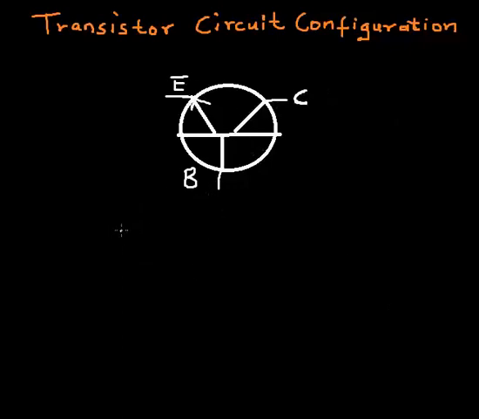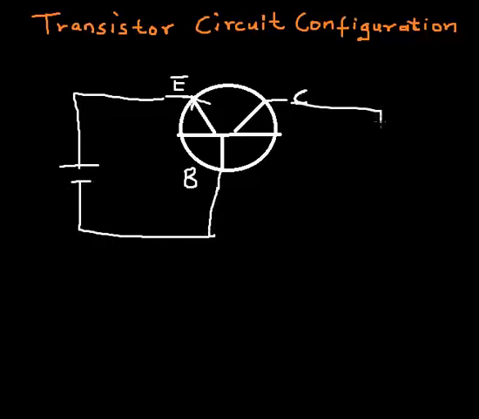For example, if I apply my input between emitter and base, I can take out my output between collector and base. So you discover that one particular terminal is common, which is the base.